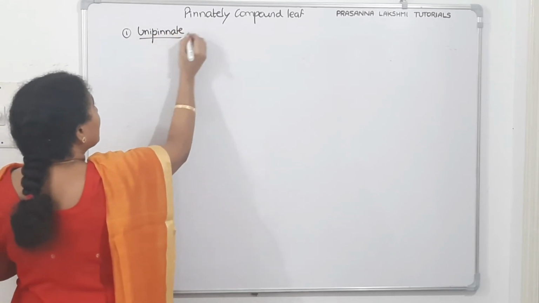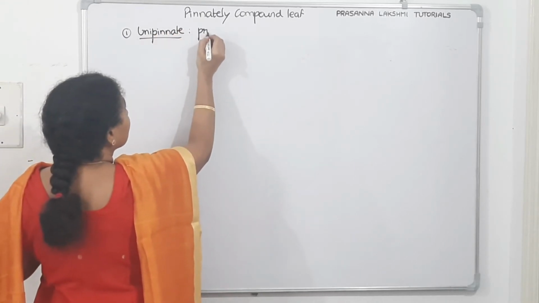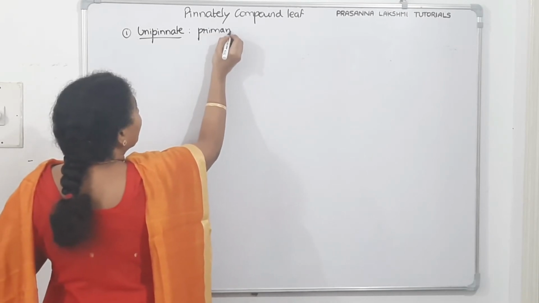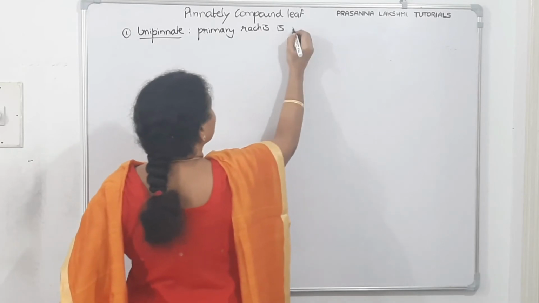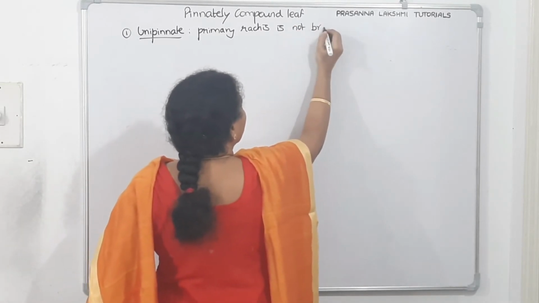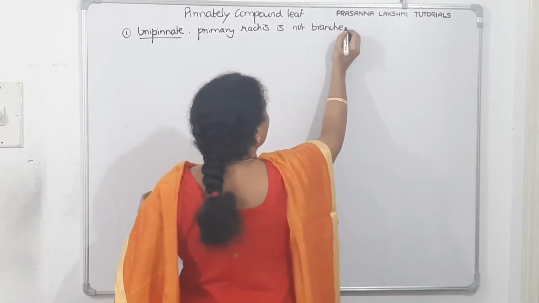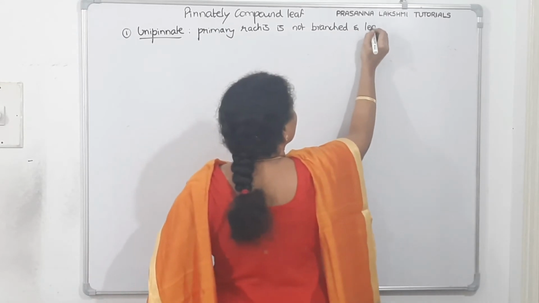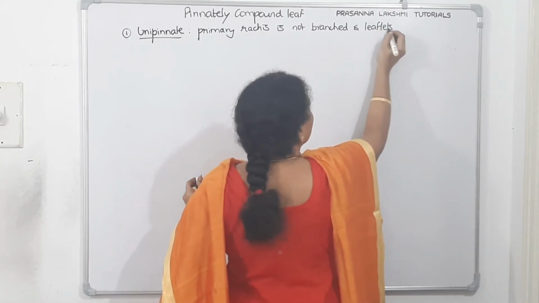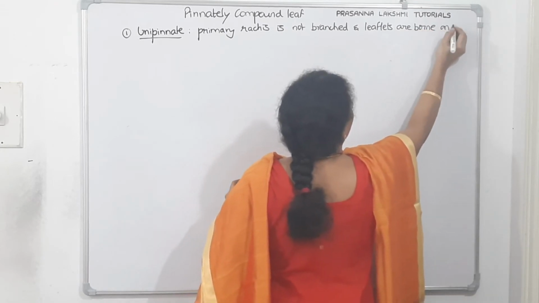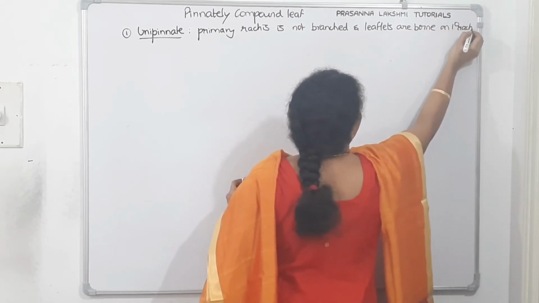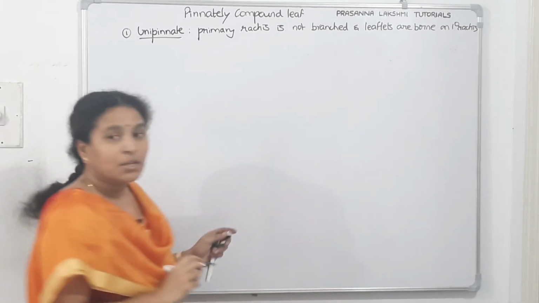In unipinnate, we are telling the primary rachis is not branched, and the leaflets are borne on the primary rachis.